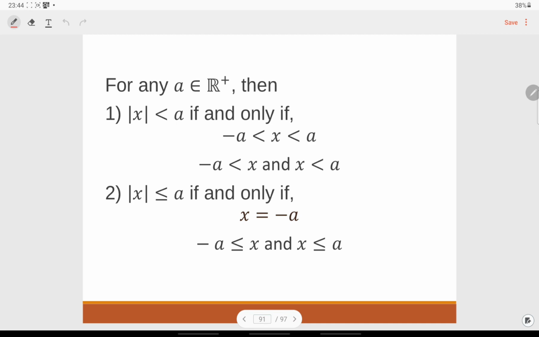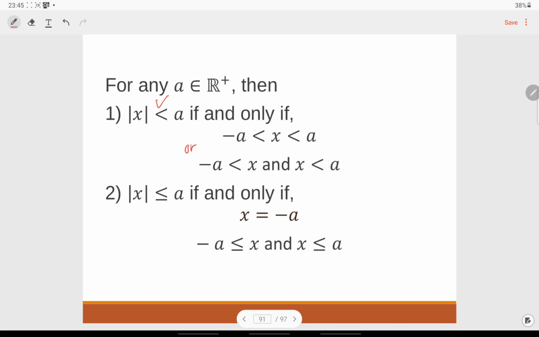For any positive real number a, the absolute value of x less than a is true if and only if x is greater than negative a and x is less than a.